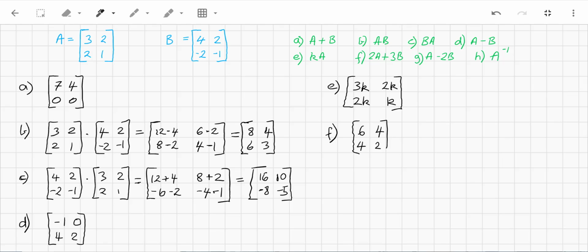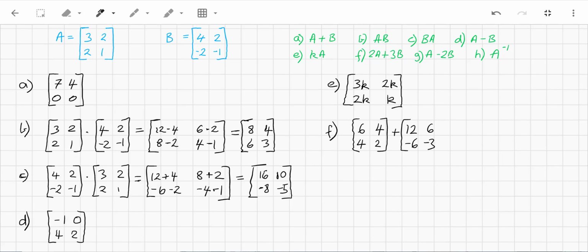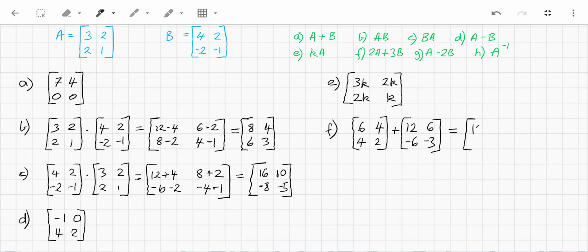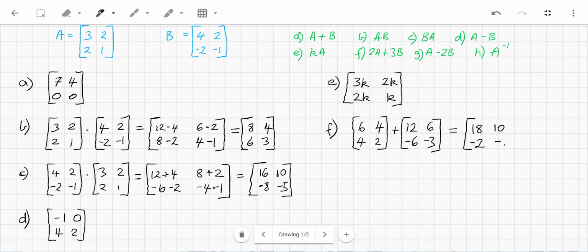And I'm going to add it to triple the B matrix. 12, 6, minus 6, minus 3. And that equals 6 and 12 makes 18. 4 plus 6 is 10. 4 plus negative 6, negative 2. 2 plus negative 3, negative 1.